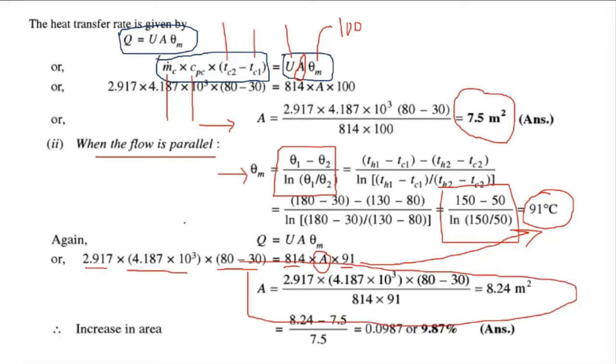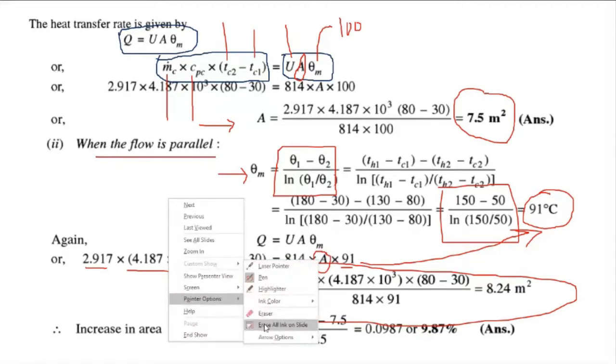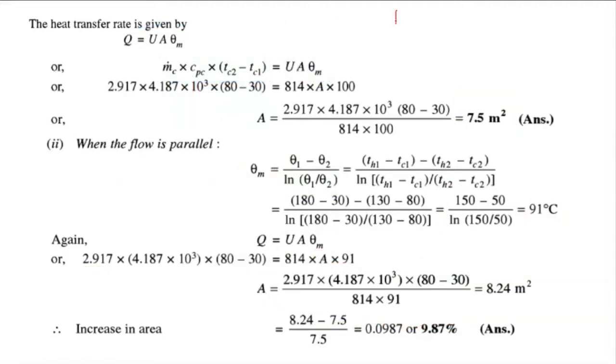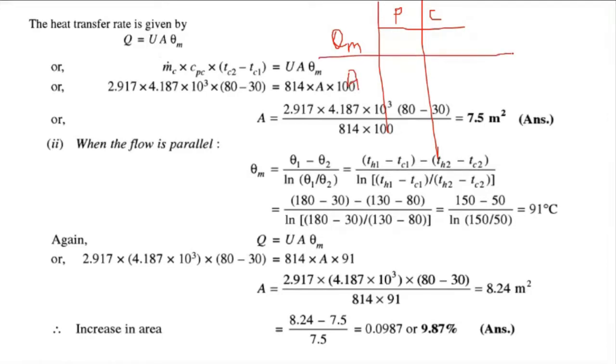Okay. Now, if we see the area terms for both the cases, here I will write this is parallel flow and here we have counter flow. We will compare two different things. First, we are going to compare logarithmic mean temperature difference, and then we are going to compare area. What was the value of logarithmic mean temperature difference that we got in counter flow? 100.